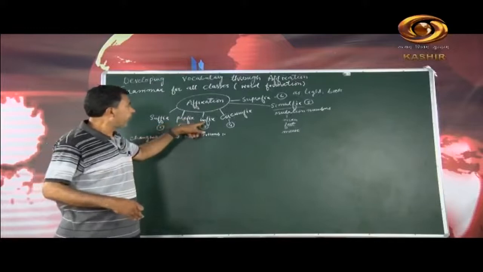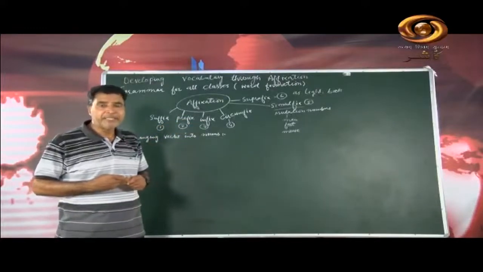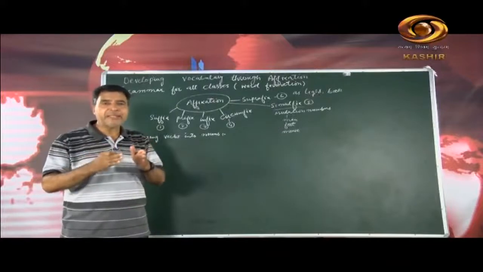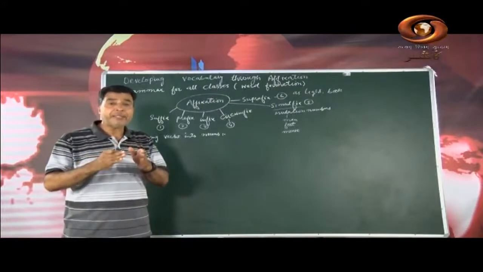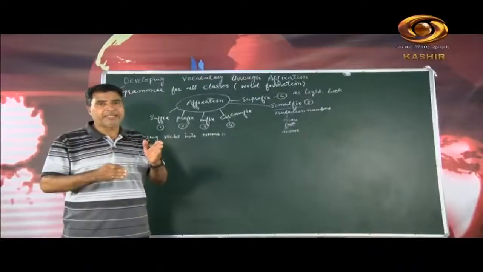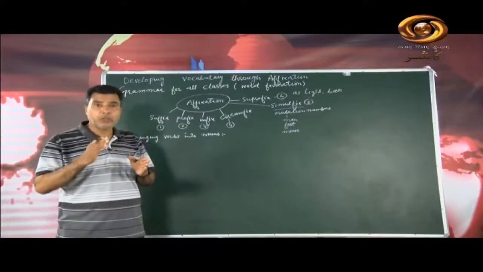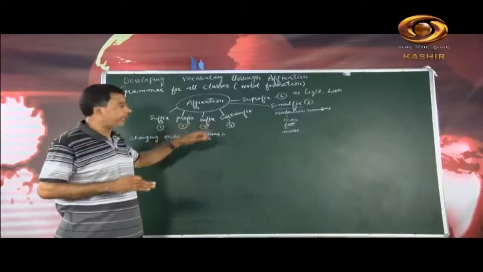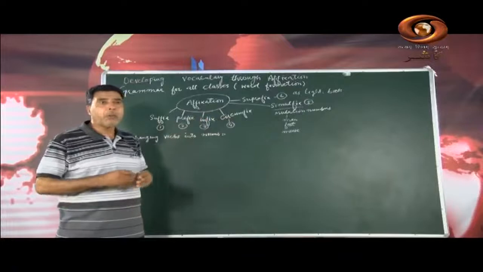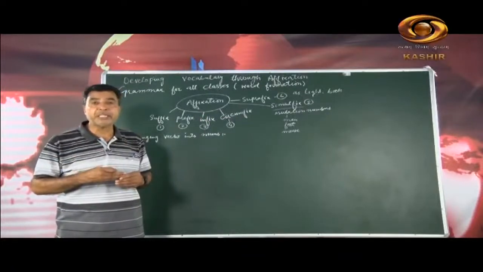Then here is one more word, that is infix. And what does this mean? When we add a syllable in the middle of a word, that's called infix. Then when I talk about circumfix, what is this circumfix?